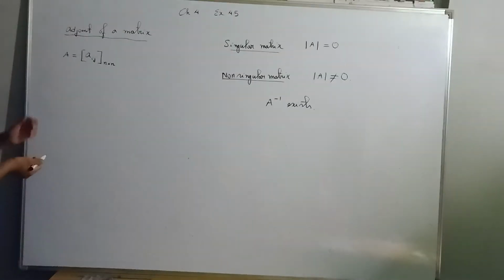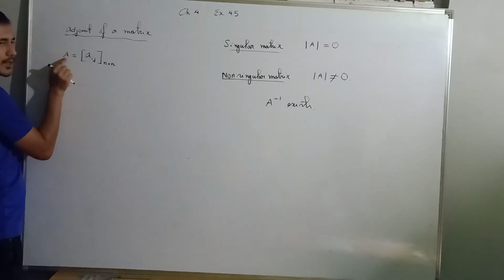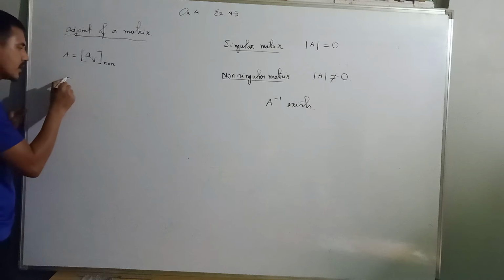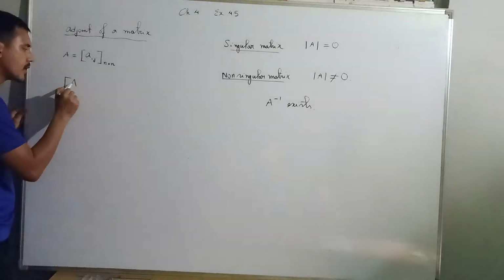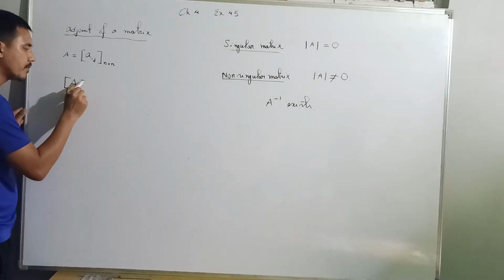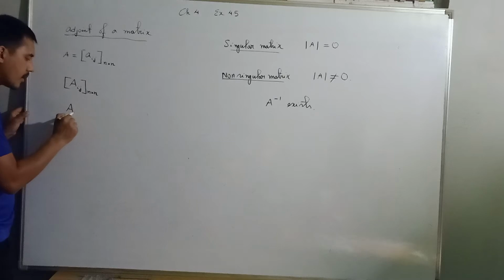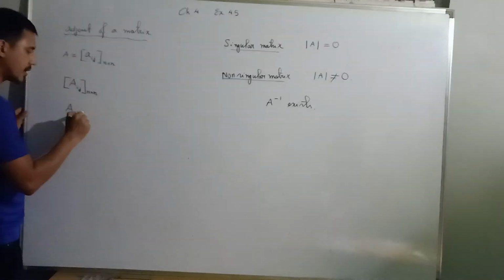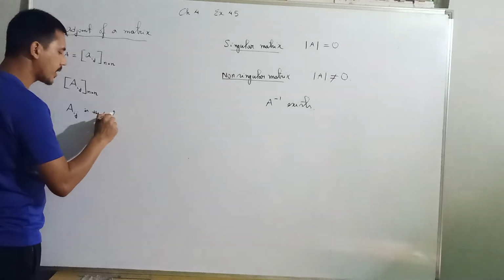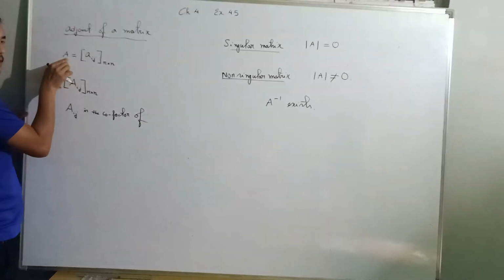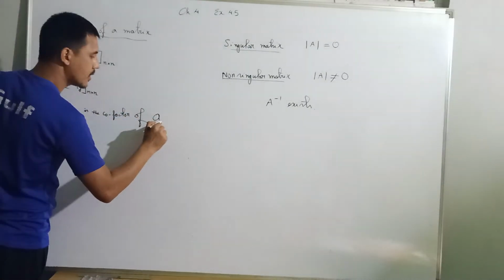So this is your matrix A. Then the adjoint of this matrix is the transpose of the matrix capital Aij of the same order, where this Aij is the cofactor of the elements of this matrix.